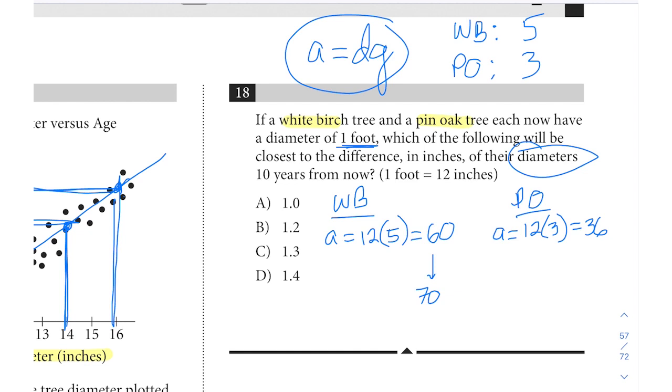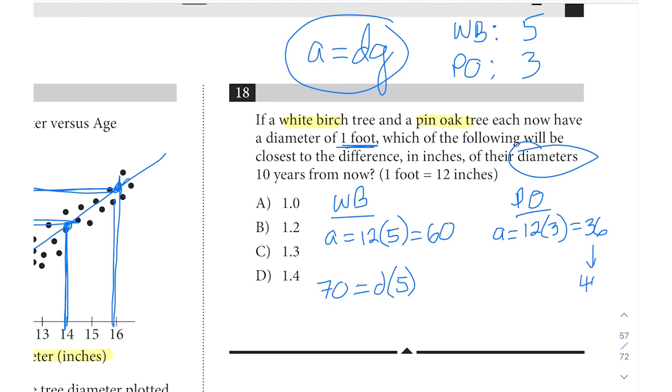So when we go to do our equation, we're going to write it as 70, after this progression of time, is equal to our diameter, which is now the unknown, times our growth factor, which is going to stay the same. Our growth factor would be 5. So that would be our equation for the white birch.